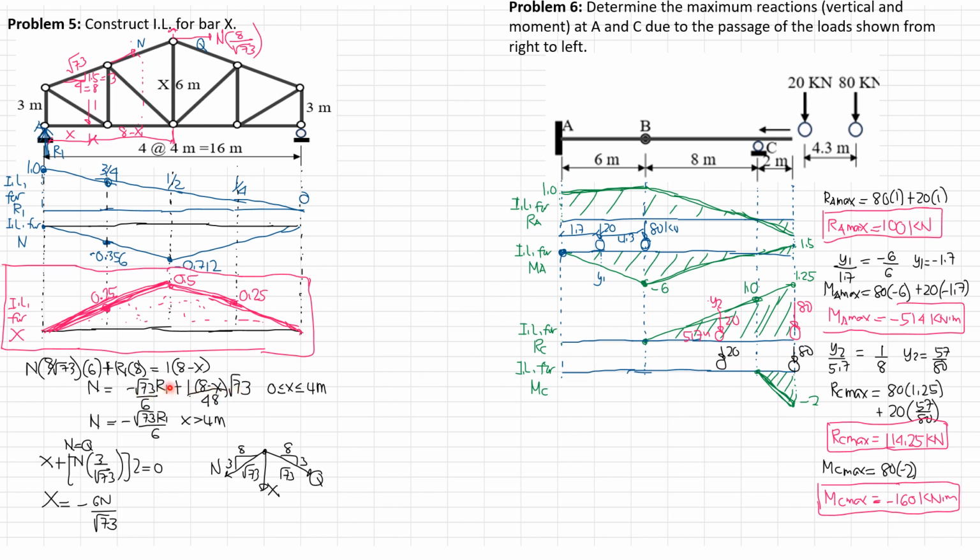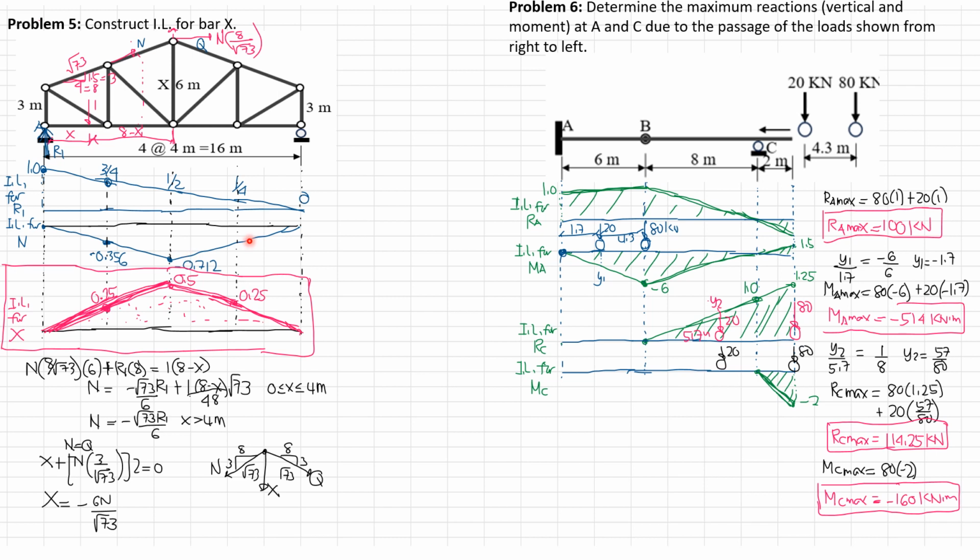Substitute here, R1 is 3/4, then x is 4, we'll get negative 0.356. When x is 8 meters, this is now the applicable formula: negative square root of 73 times 1/2 divided by 6, so negative 0.712.